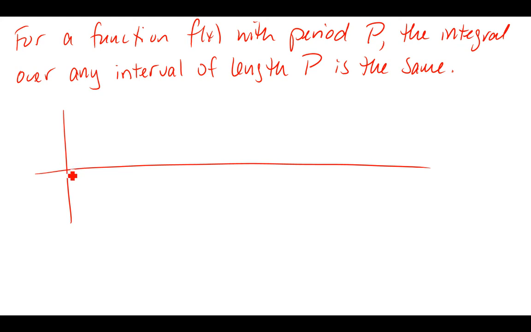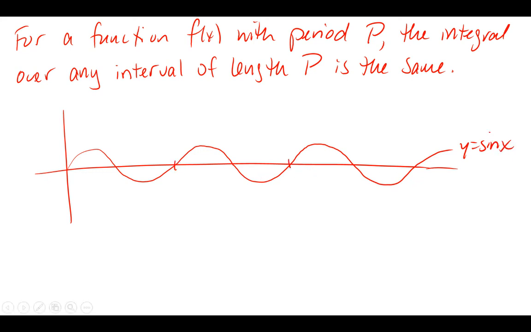I'll stick with sine, just to have a familiar graph in front of us. So let's say this is sine. Then the period is 2 pi, which are these numbers: 2 pi, 4 pi, 6 pi, and so on.